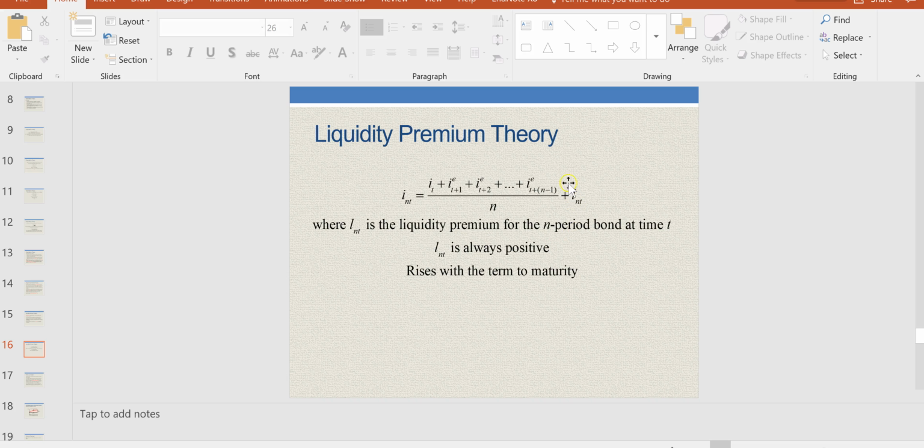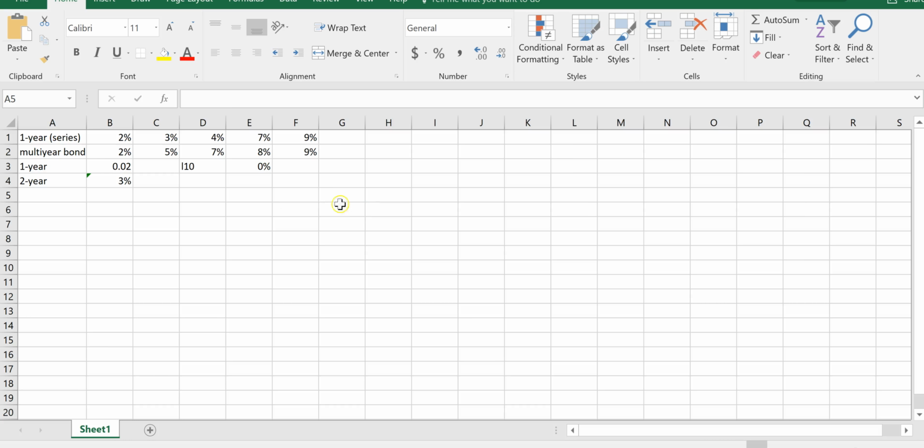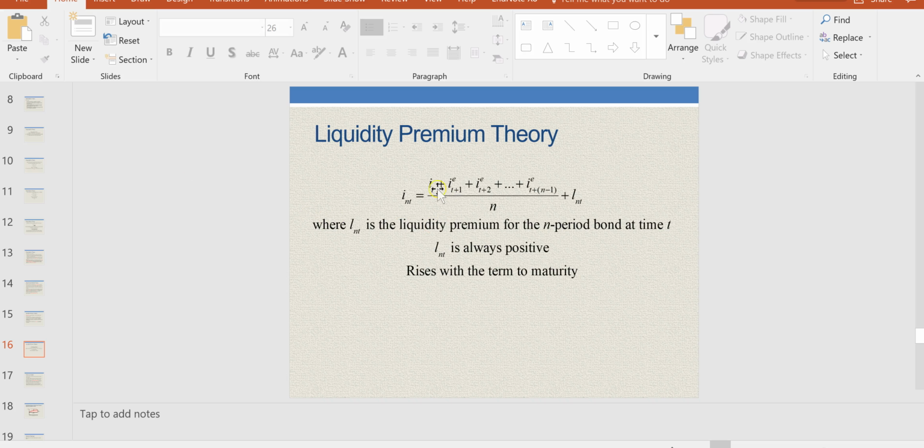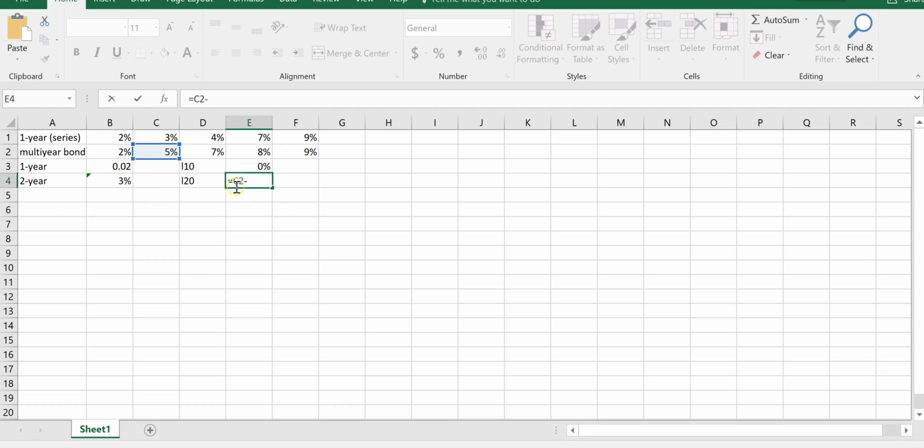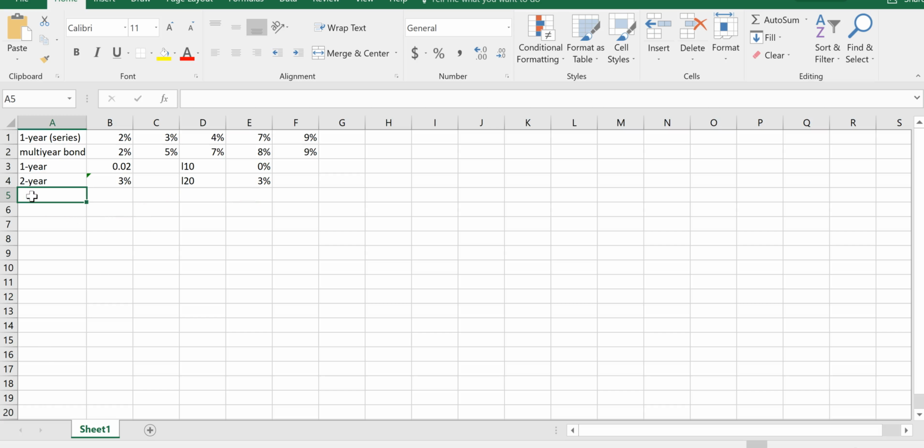That's the first term on the right-hand side. Then L20, the liquidity premium for the 2-year bonds, is equal to the actual interest rate, which is this 5%, the 2-year multi-year bond interest rate, minus this number, 3%, which we just calculated as the average of the first two interest rates. So that's 3%, and so on and so forth.